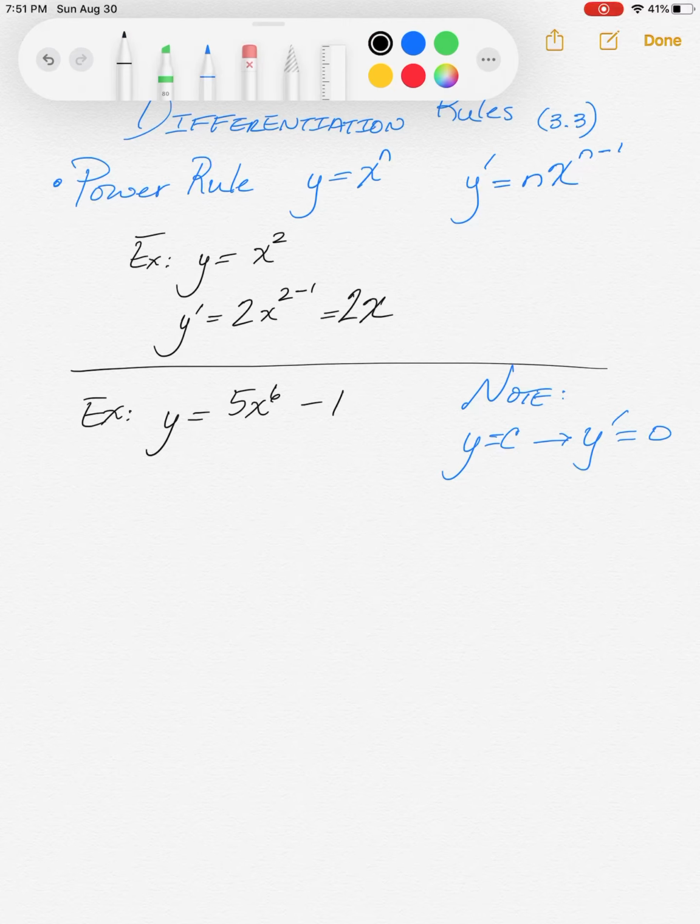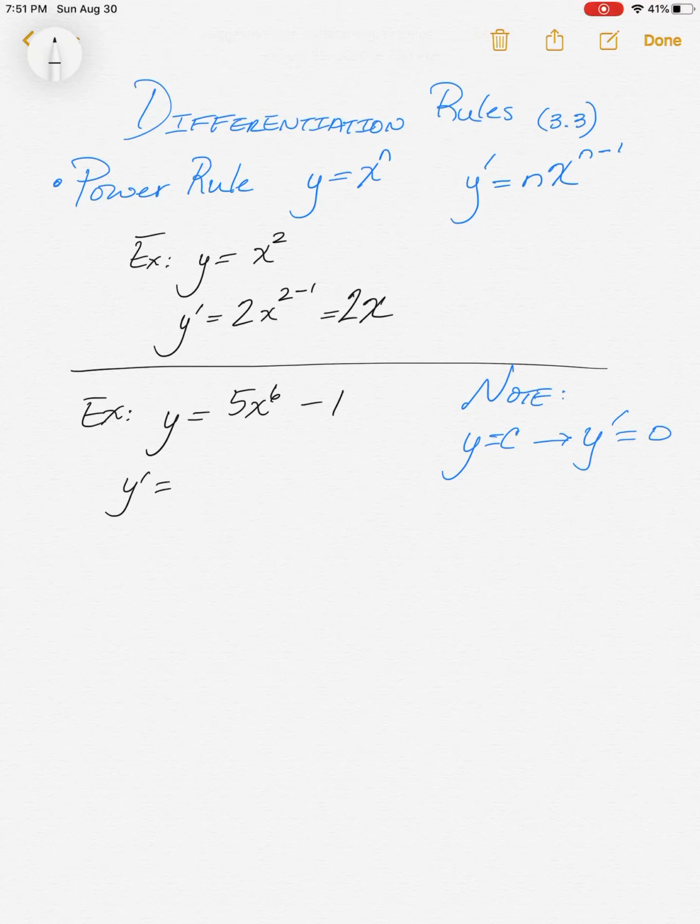Let's make that note make some sense in this example. We have y prime equals, applying the power rule, that factor right there. Don't worry about that factor. Leave it right where it is. Go to your variable, bring the exponent down front. That's raised to the 6 minus 1.